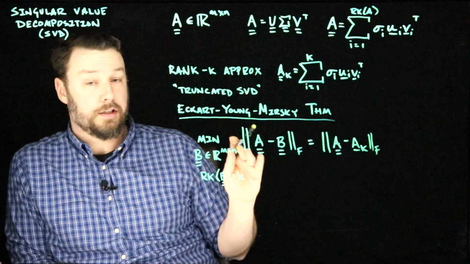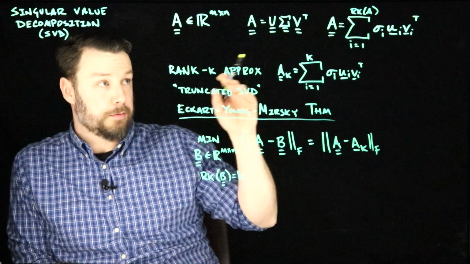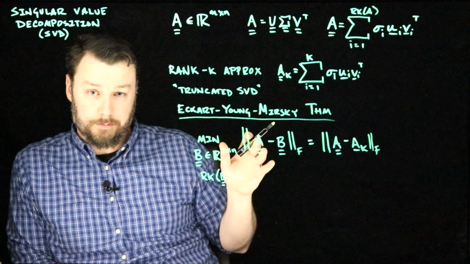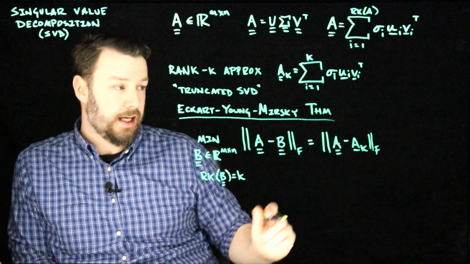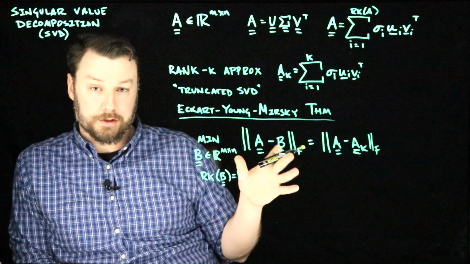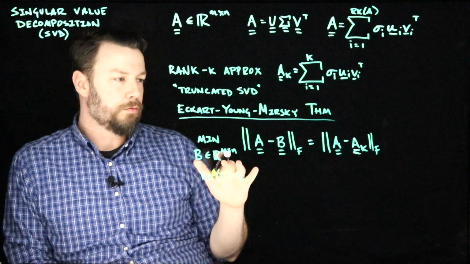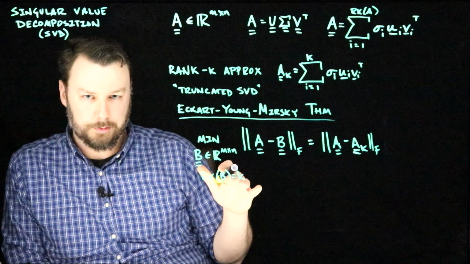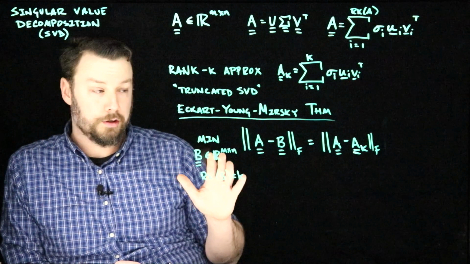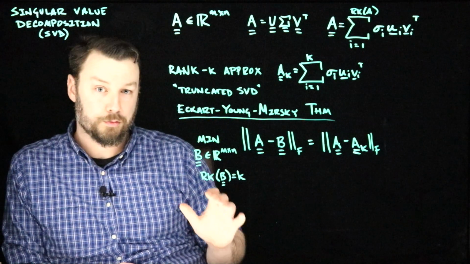So what this means is, if you want to get the best rank K approximation, you can take your sigma with its singular values, zero out all the ones with an index larger than K, put the matrix back together, and you have an A_K that will achieve this minimum. And it turns out also to be true under the spectral norm and not just the Frobenius norm, but you don't need to worry about that detail. It's not too hard to prove this, but it requires thinking through the relationship between the Frobenius norm and spectral norm, so we won't do that here. Mostly what I want you to know is that this is an important feature of the SVD. It allows you to get the best rank K approximation.